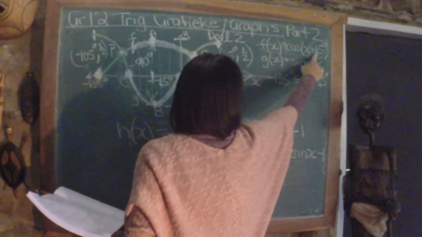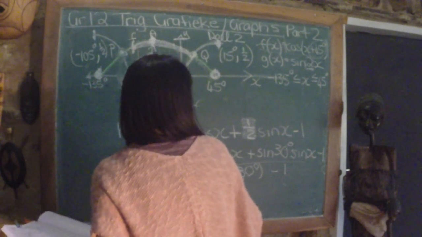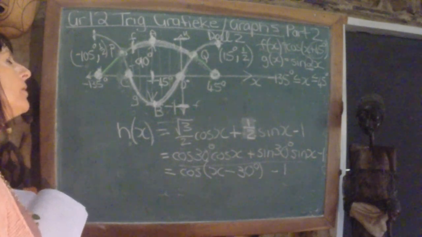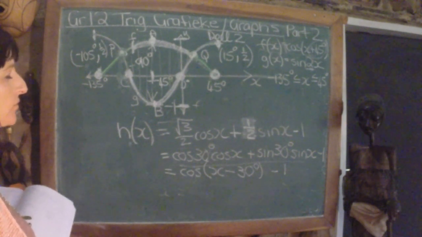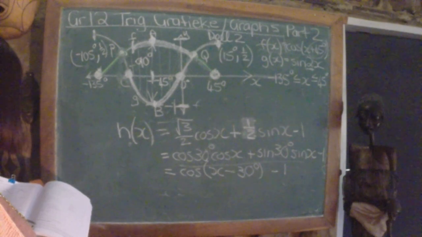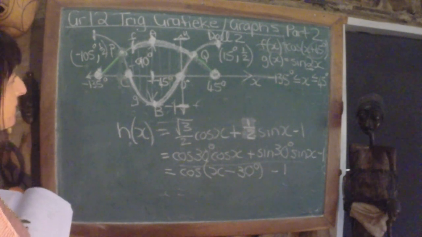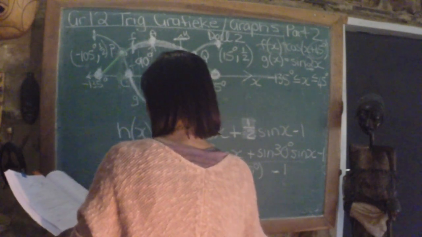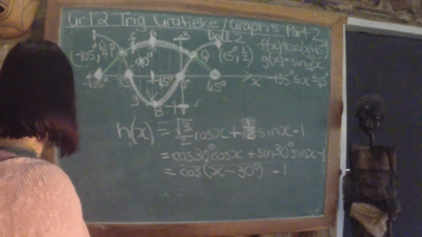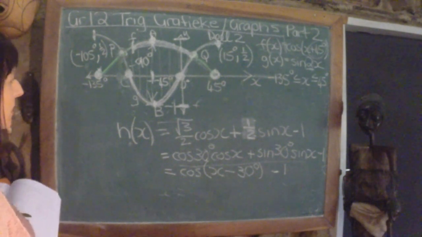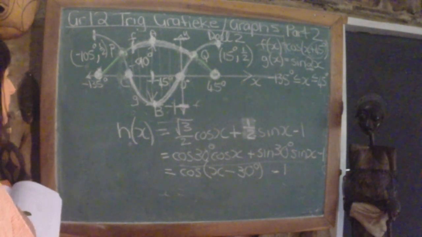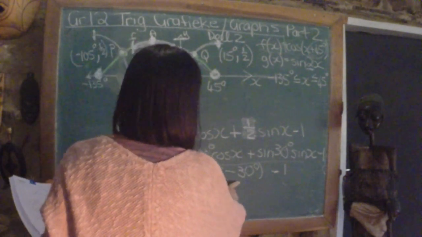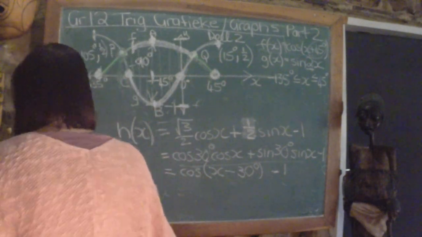Om van plus 45 af tot by minus 30 grade te kom, moet jy minus 75 grade beweeg. And if you move in a minus direction, you move to the right. So jy het 75 grade na regs geskuif, and that guy must be a minus 1. So if you go a minus 1 on your Q value, you will go 1 unit down. 75 grade na regs en 1 eenheid af.